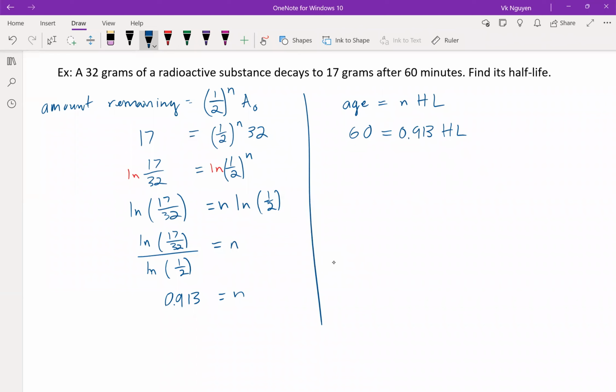We don't know the half-life. So from here, we can divide both sides by 0.913 and the half-life is 60 over 0.913. Half-life is 65.72 minutes.